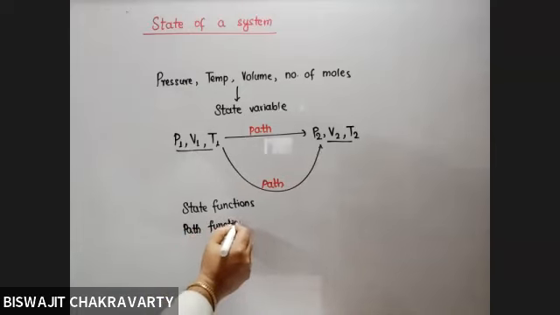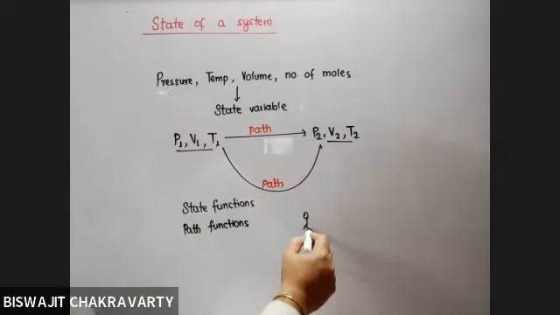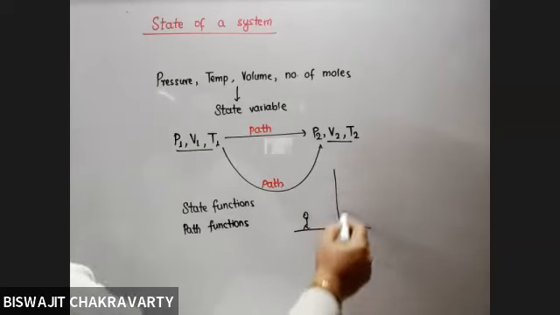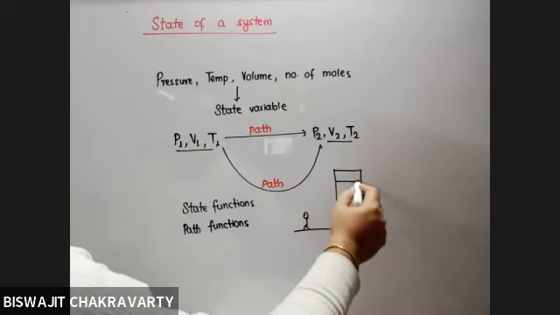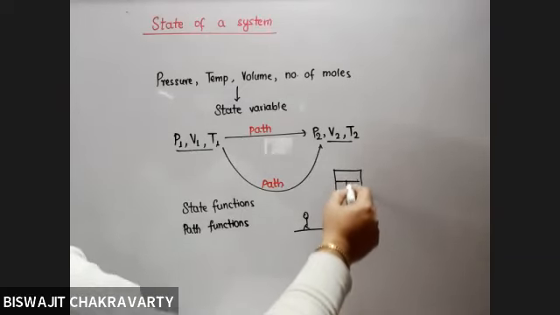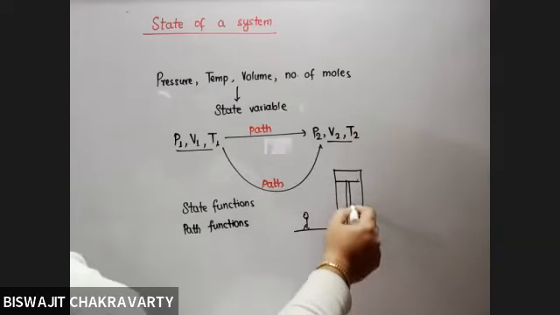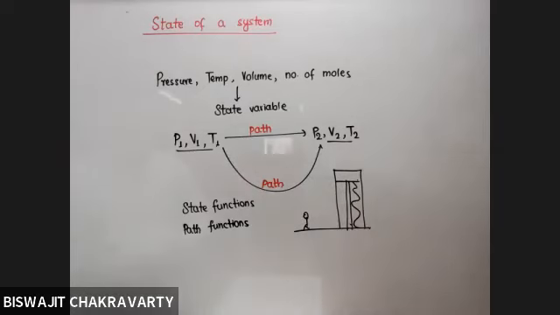Can I give a simple example? Suppose a person wants to get to the top floor of a building, and there are two options. One is the lift and the other is the staircase. If this person takes the lift, obviously he has to perform a lesser amount of work and it will be easier for him to reach the top floor.